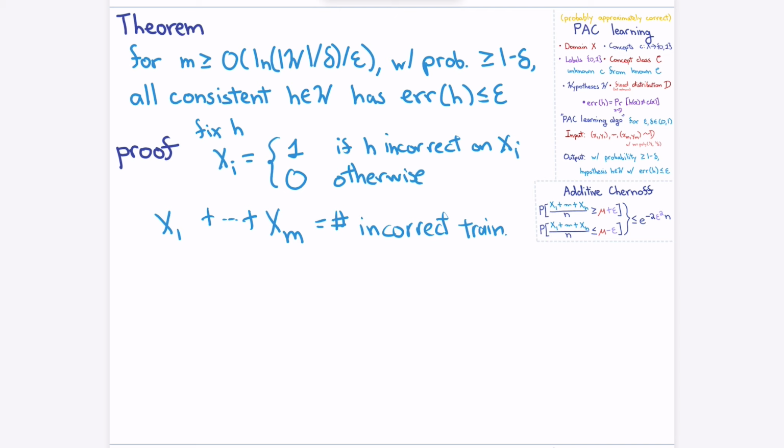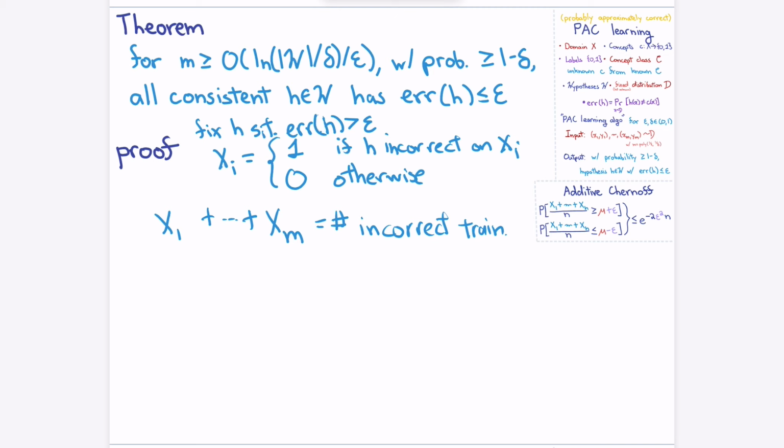Because then our algorithm would not output that hypothesis. So we want to fix h such that the error of h is at least epsilon, okay?